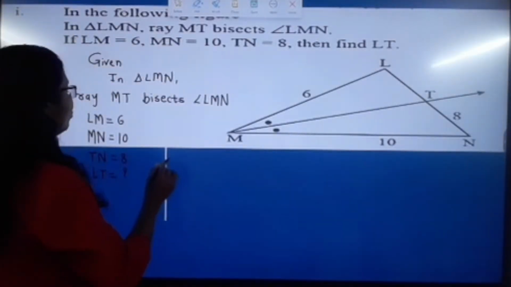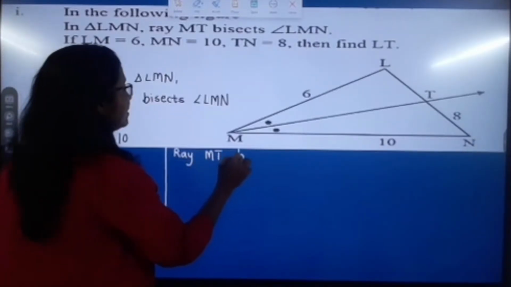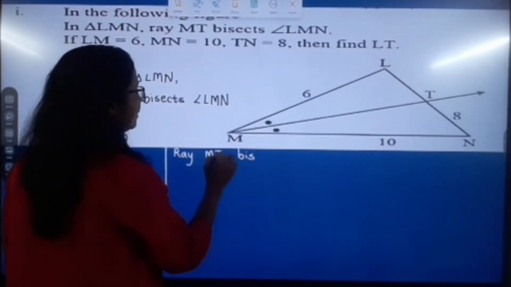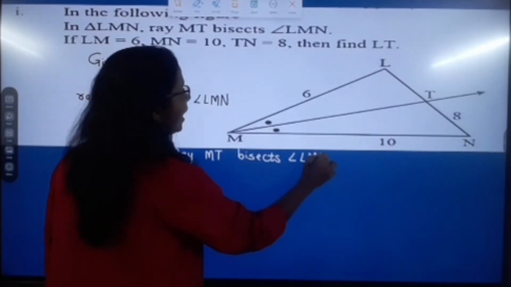Okay, so first I write down that ray MT bisects angle LMN.